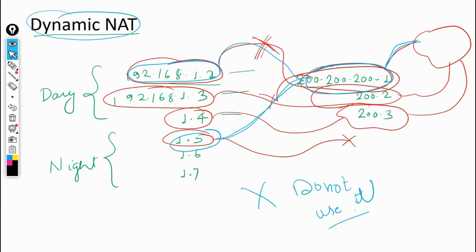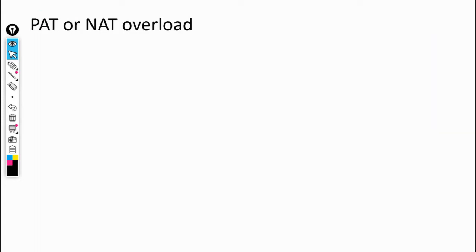Sometimes we have to learn the basic things in order to understand the advanced things, right? The most commonly used is PAT, which we also call NAT overload.